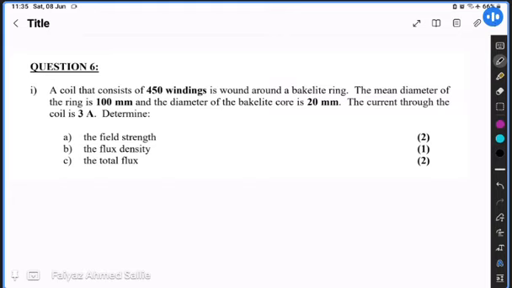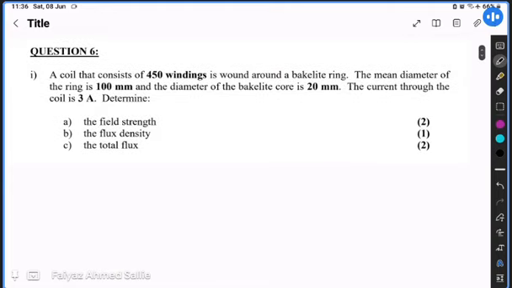I did questions one, two, three, four and five in the first recording, and then the other questions in a different recording. Both links are on the group. Unfortunately, I wasn't able to do all the question papers and explain step by step, but I have posted the memo, so you can always look at the memo and work from there.